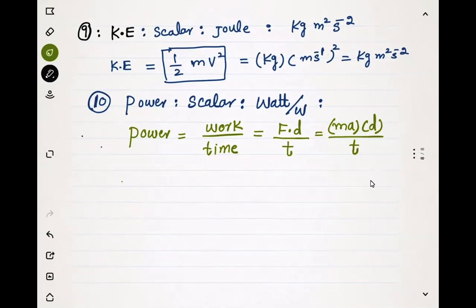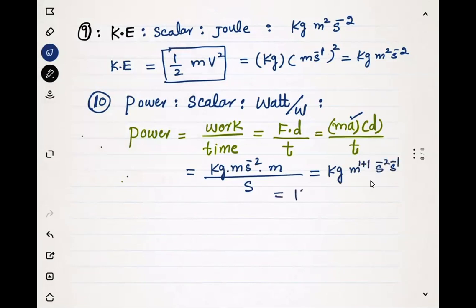So the unit and base unit of power will become kilogram meter second minus 2, meter second minus 2 for acceleration. For distance, it is meter, and for time, it is second. Finally, it would become kilogram meter power 1 plus 1, second power minus 2, second power minus 1. So finally, it is kilogram meter square second power minus 3.